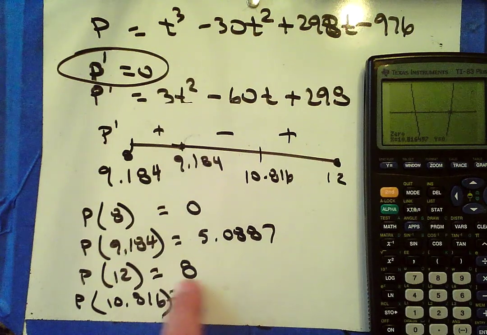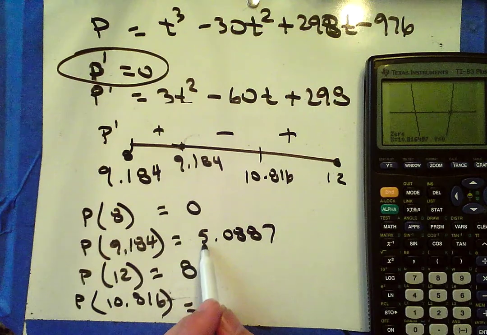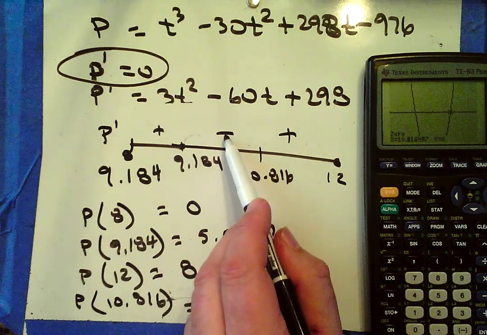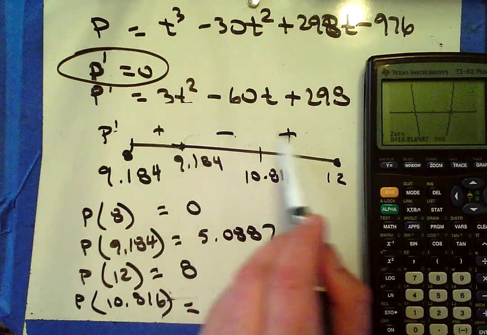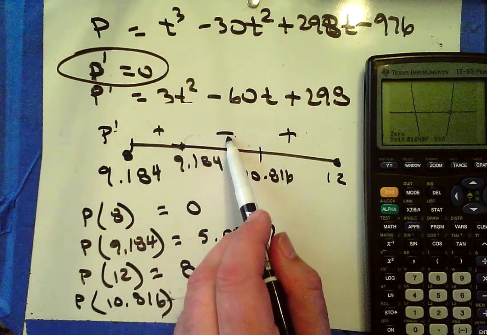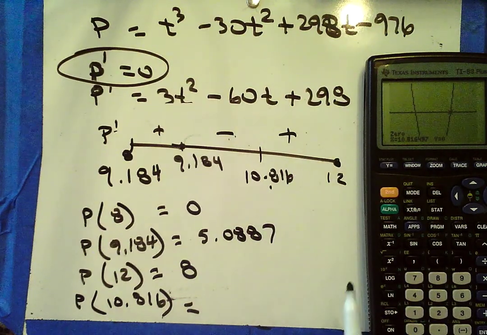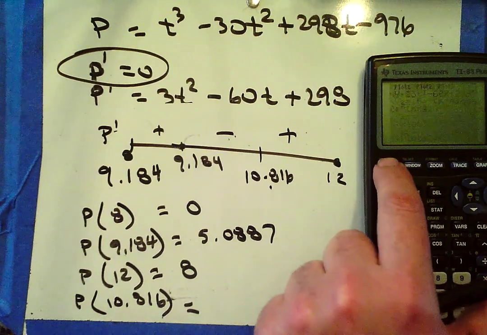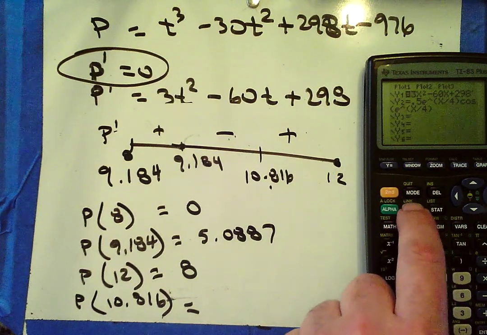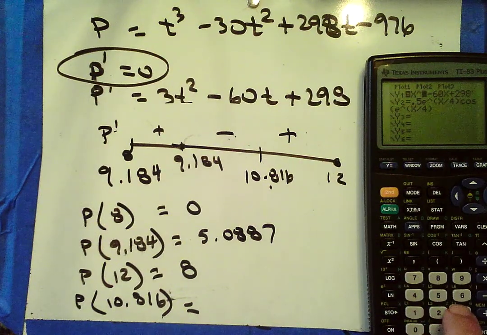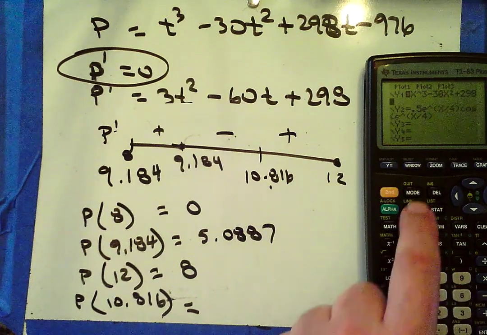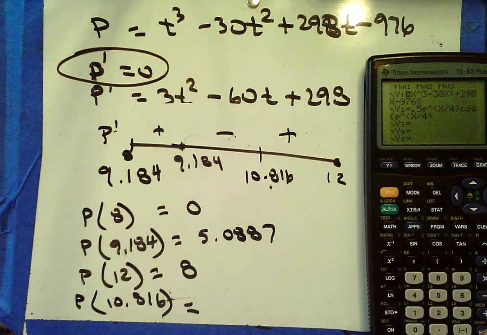Okay, 10.816. You know, I don't expect that number to be bigger than this one here. But because I expect a minimum, p prime goes from negative to positive there, which means p goes from decreasing to increasing. So I expect a minimum there. But I'm doing the full candidates test, so let me get the value for that. I've got x to the third minus 30x squared plus 298x minus 976.